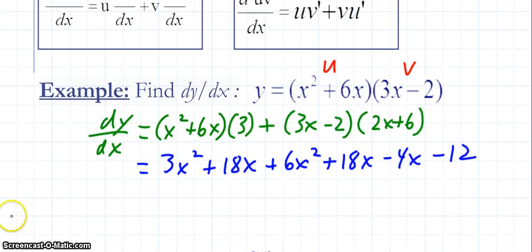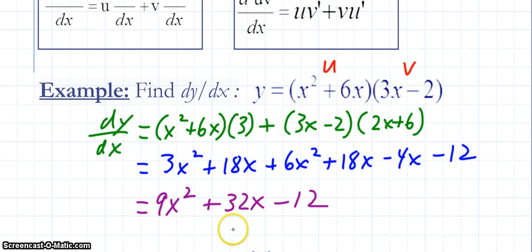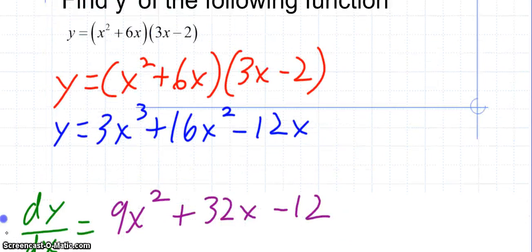Combine like terms, and we end up with 3x squared plus 32x minus 12, and I messed up, I forgot about that 6, so that's actually 9x squared plus 32x minus 12, which is what we had over here.